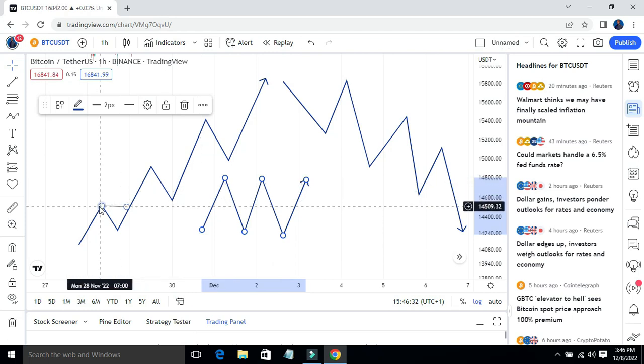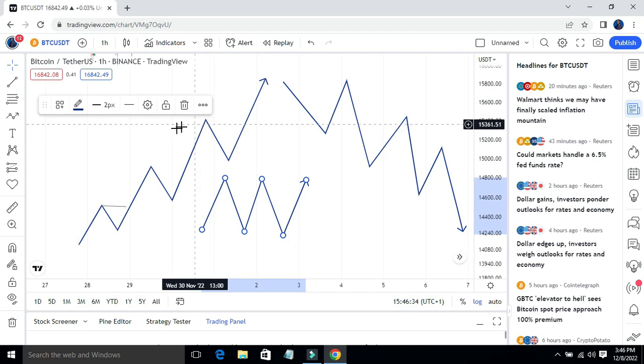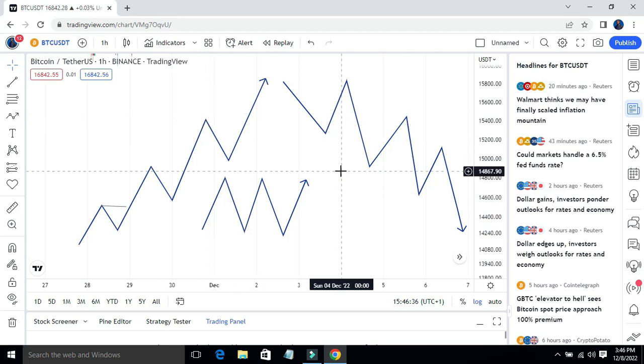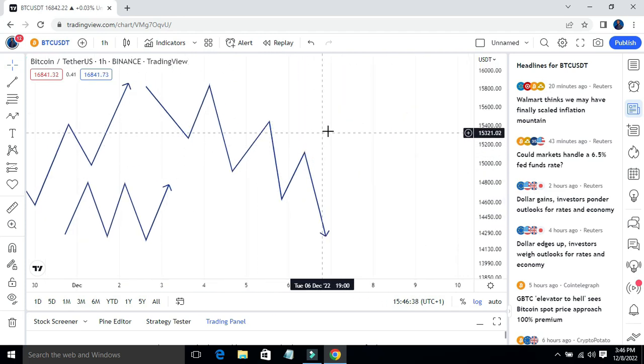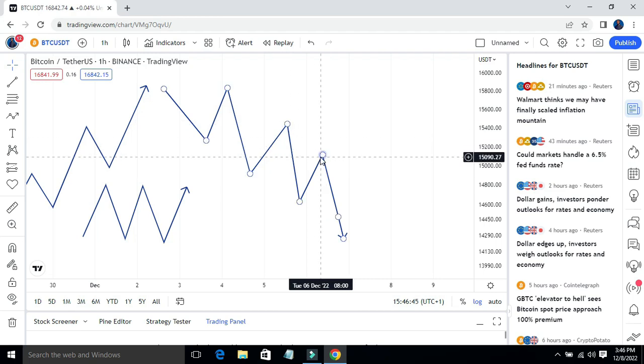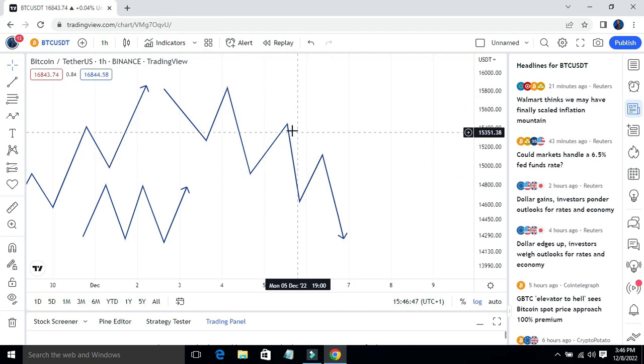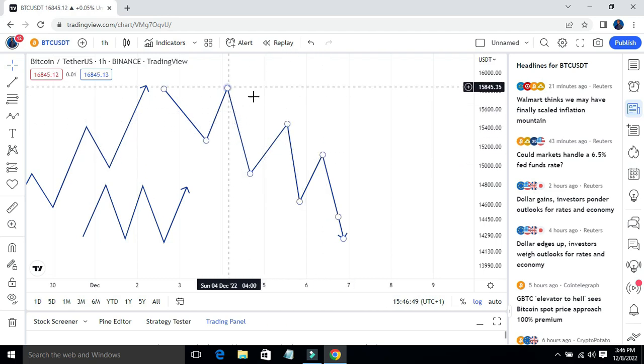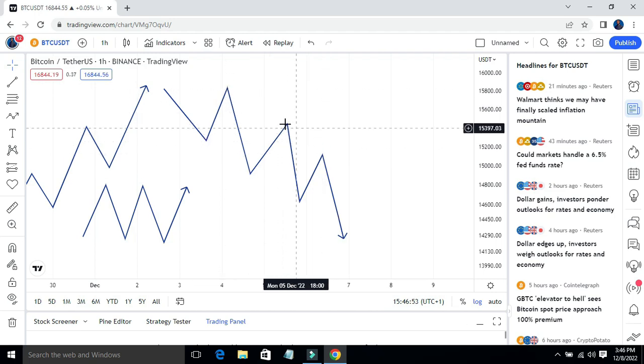Okay, so the first one we talked about is an uptrend structure, right? So the next one here is a downtrend structure. So like we have here, we have a high, and a high. Okay, but as you can see, this high is lower than this high, and this high is lower than this high, so we call it a lower high.